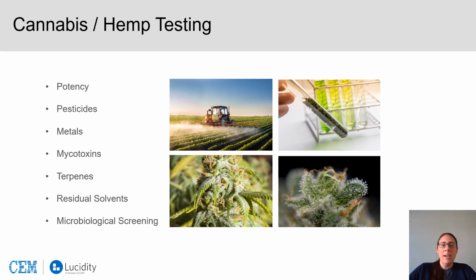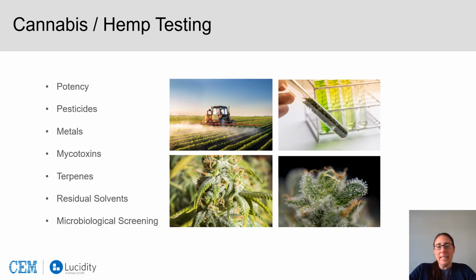So I'm going to change gears a little bit here. I've already introduced all of the systems, and I guess I couldn't give a presentation without talking about an application. So I chose cannabis. Todd Griffin is going to be talking a little bit more about this in the second session, so I'm just going to gloss over this here. But cannabis and hemp testing is a very good example of where CEM can offer a lot of solutions to a particular industry.